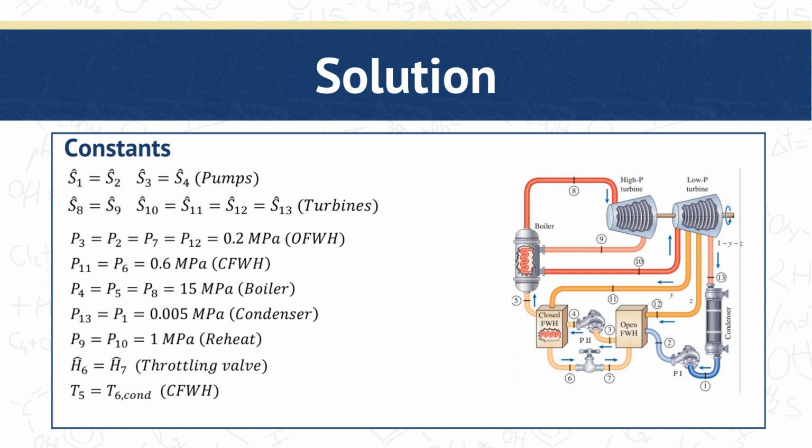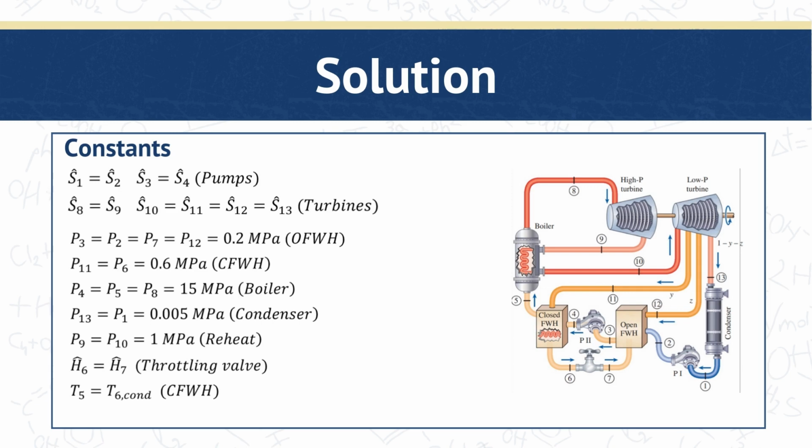P3 is equal to P2 is equal to P7 is equal to P12, which is also equal to 0.2 megapascals, accounting for the open feed water heater. As I have mentioned, the open FWH is isobaric, meaning that the pressures are all equal. And the second one is P11 is equal to P6 is equal to 0.6 megapascals.